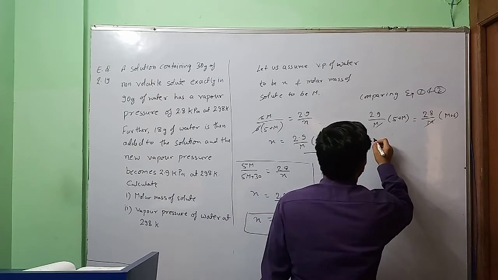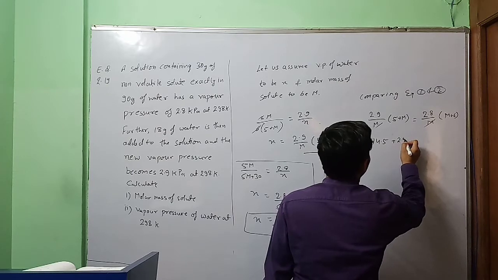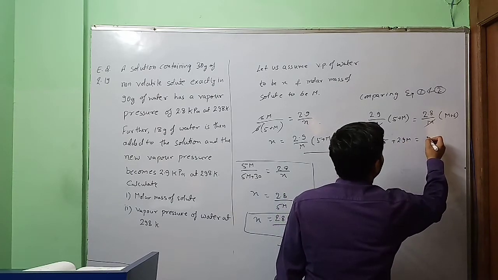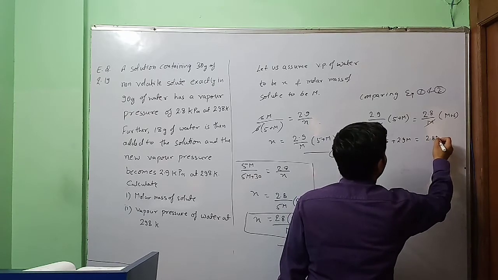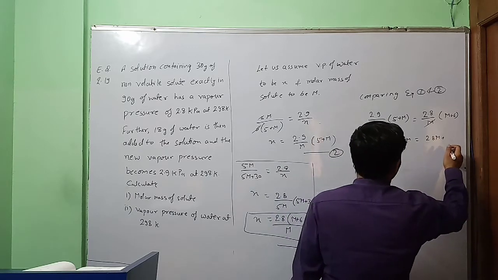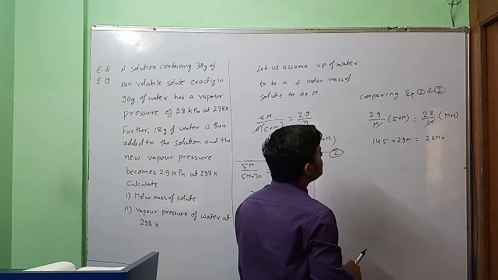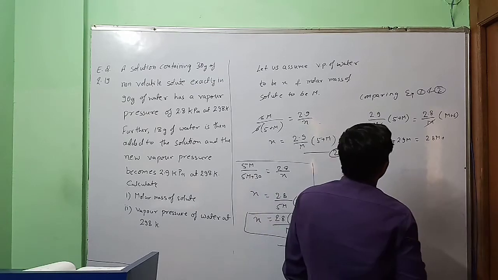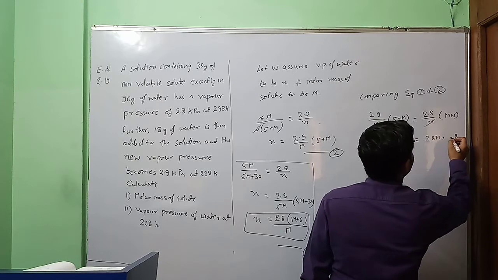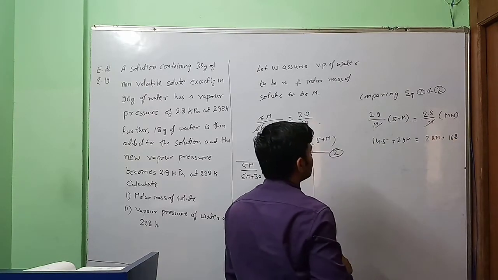Now we are multiplying it. 14.5 plus 2.9M equals 2.8M plus 2.8 into 6. What will we get? 16.8.